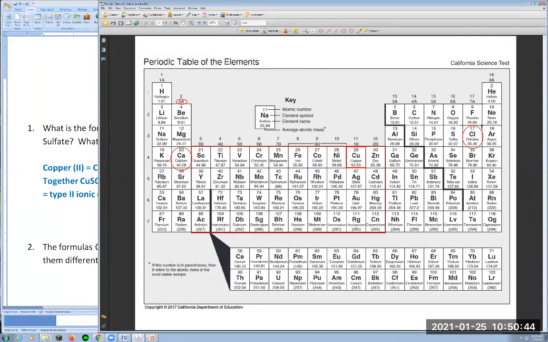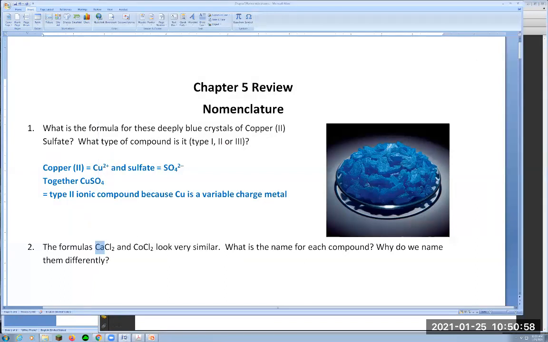So calcium 2+, and Cl is also a predictable ion. It's in group 7A, and we do 7 minus 8, we get -1, and that's the charge on the chloride. So that justifies this formula where you have 1 calcium with 2 positive charges and then 2 chloride with 2 times 1 negative charge.